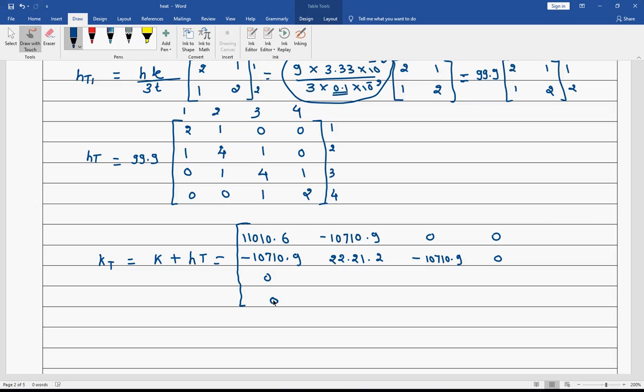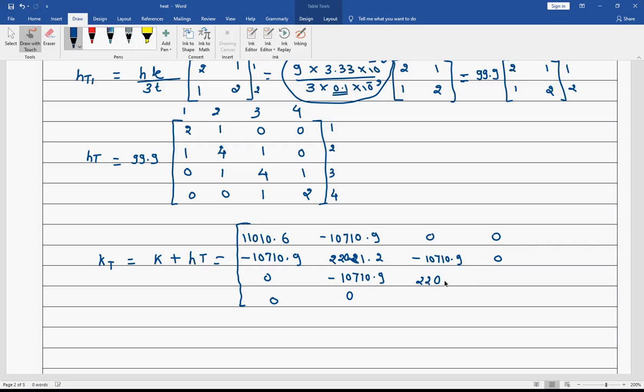Then these two are 0. This will be 0 minus 10710.9. This will be, why is this decimal? Here a 0 has to be there. Okay.